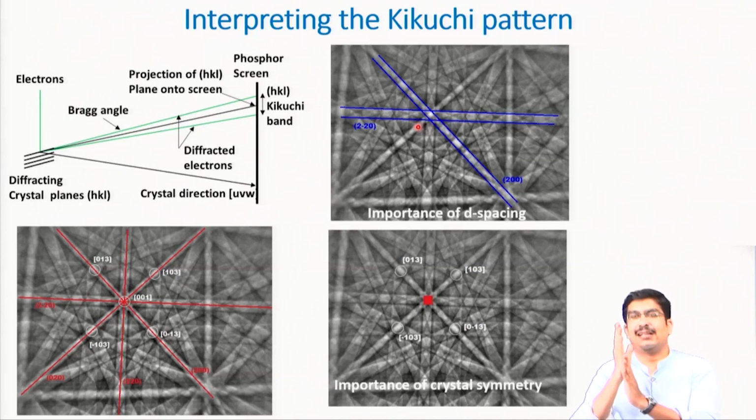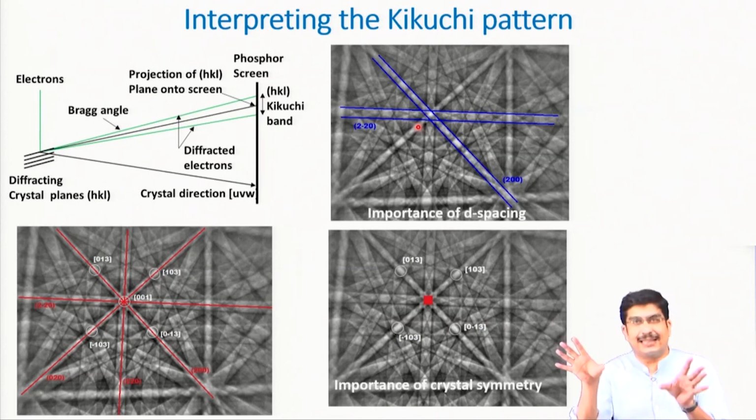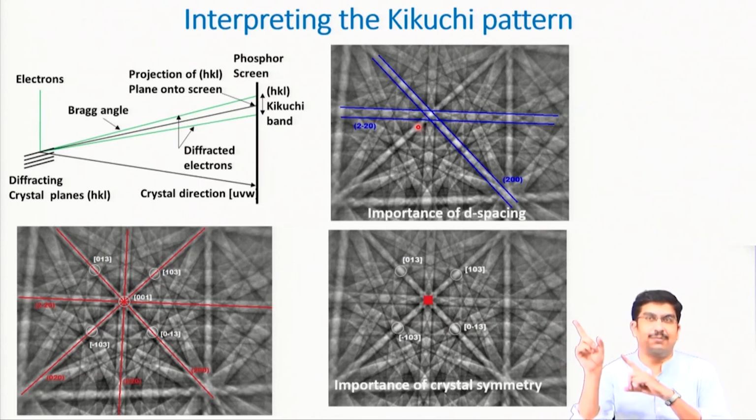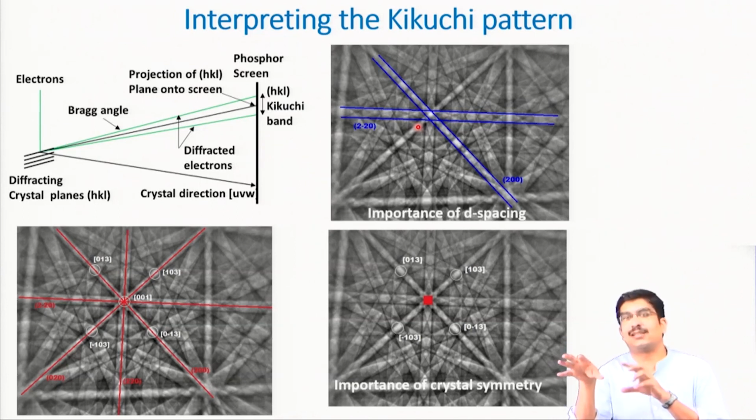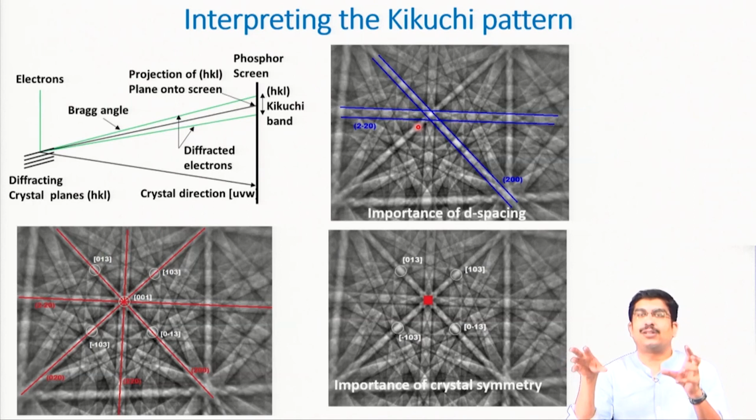You can think of it as generated from the front side and back side of any crystallographic plane. So, the width of the Kikuchi band represents the d spacing of those planes. Just like in the TEM diffraction pattern, remember, there also the d spacing was related to the distance between the central spot and the spot generated corresponding to any crystallographic plane.